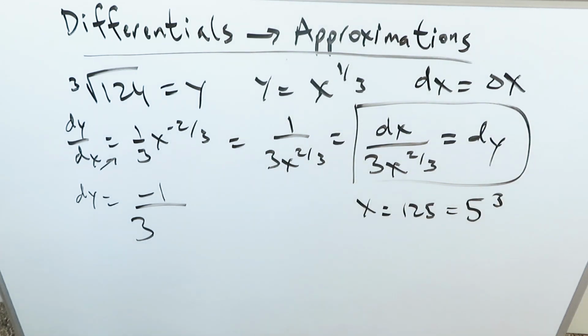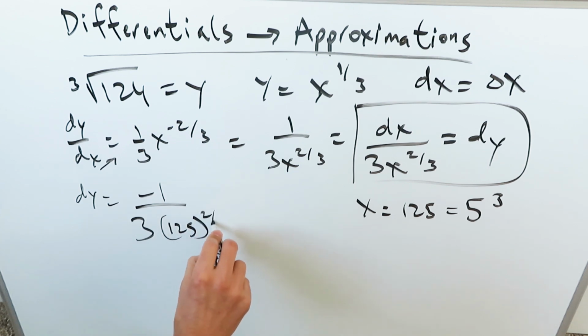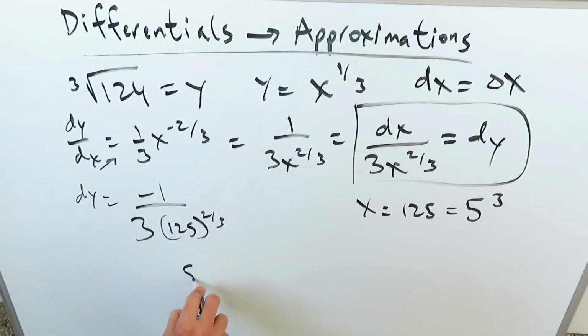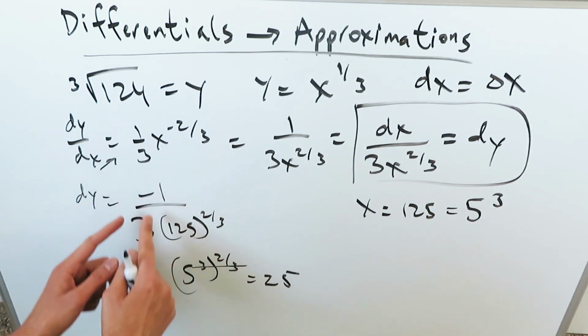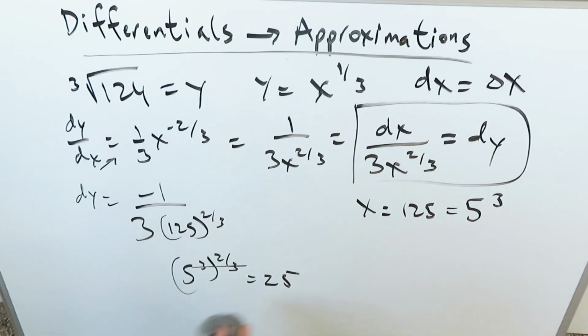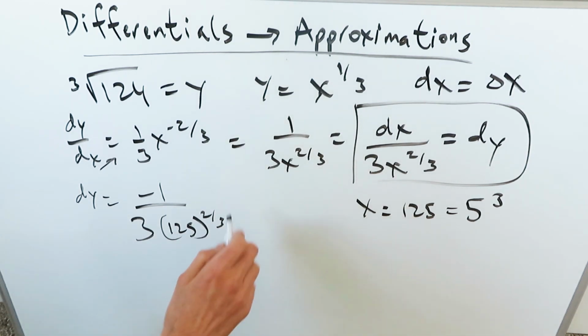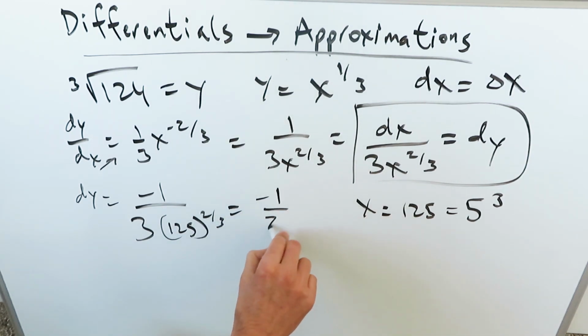Now 125 to the power of 2 over 3, you can easily calculate without even a calculator. I have 125, which is 5 cubed, to the power of 2 over 3. These cancel out. I have here a 25. I'm looking here at minus 1 divided by 3 times 25, which is minus 1 over 75. That is it, minus 1 over 75.